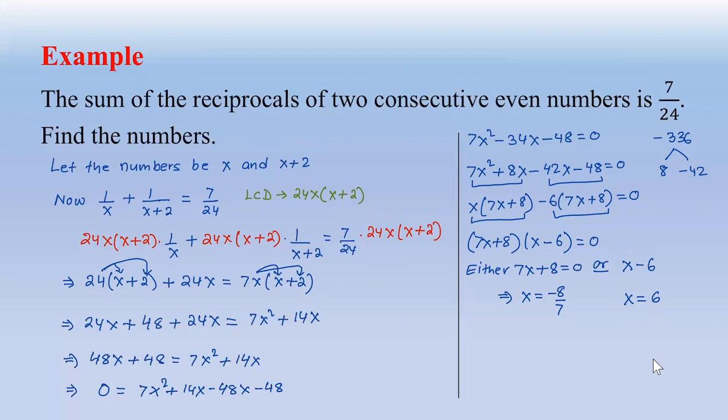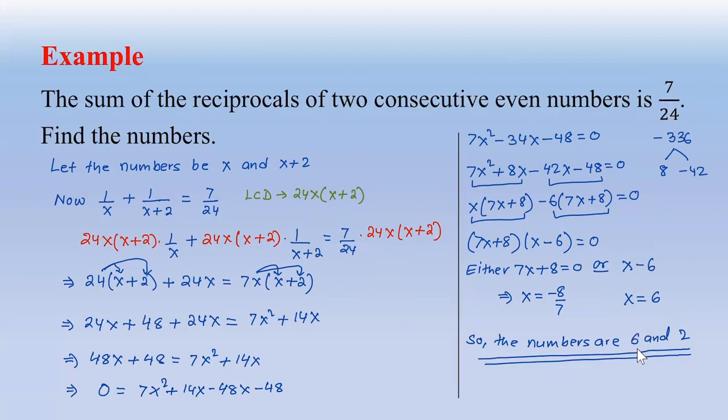So the numbers are 6 and 8. These are the 2 consecutive even numbers that we are looking for. If we take their reciprocal and add them together, it will be 7 over 24.